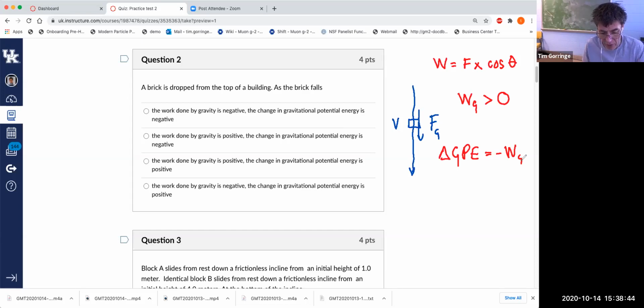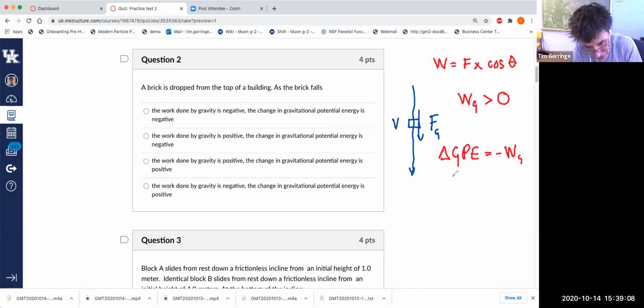If the gravitational force were to do negative work, the gravitational potential energy is increased. So if you lift a brick up, you're increasing the height of the brick. You're storing more gravitational potential energy. If the brick is falling, then you're releasing gravitational potential energy.